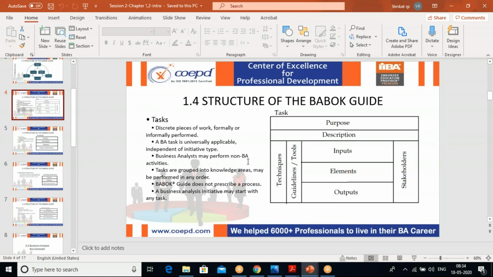It has a purpose and description. Purpose means what for we are trying to do this, and description means how we are going to do this. Okay, and inputs means before we start this task, what inputs we are going to take. Outputs means what we are going to deliver as output. Elements means what is the process involved in doing this particular task by taking inputs, and how we are going to make it into output.